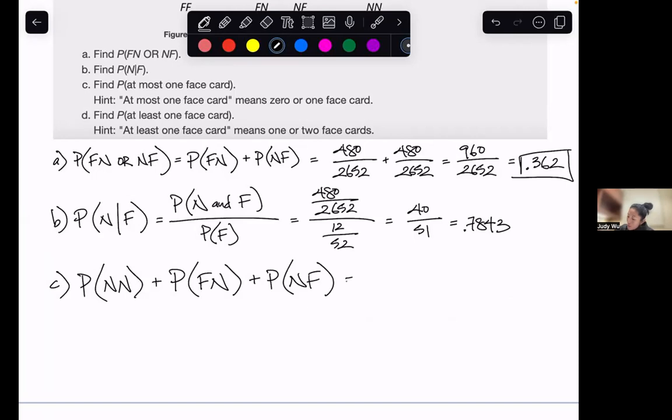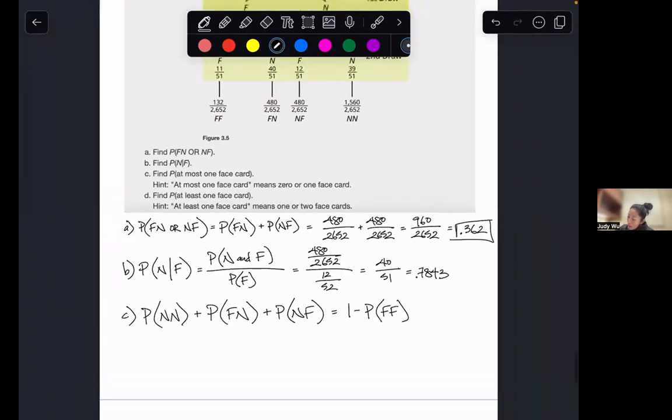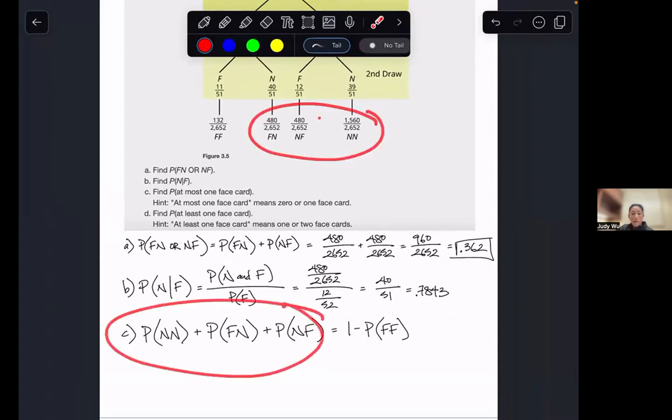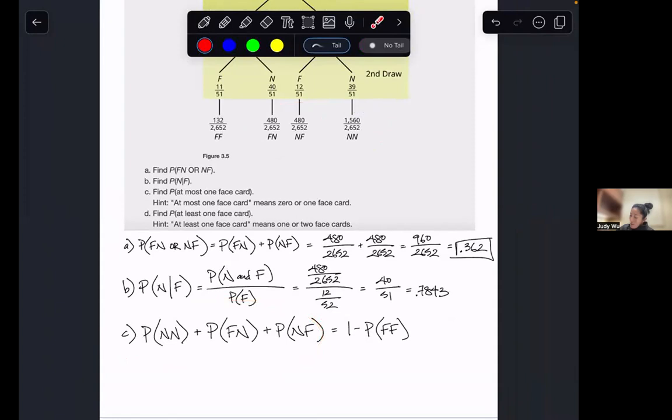So another way for us to think about that is like 1, which is the total probability, like 100%, minus the probability of getting 2 faces. Okay? So I'll leave that up to you, whether you want to add these 3 to get this side over here, or if you want to do 1 minus this and get the 1 minus the probability of a face times a face.